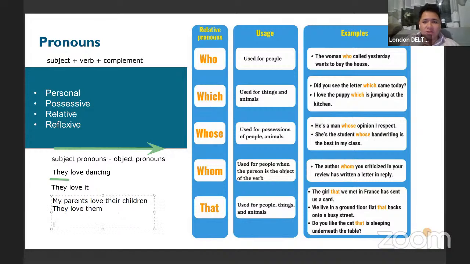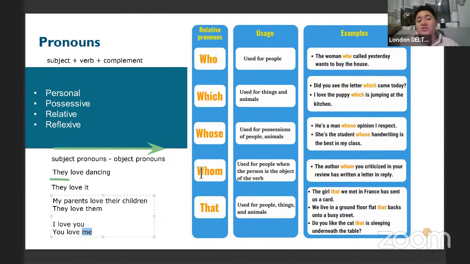I do the action. I love. You are the object. Now, I could say you love me. It's not possible to say you love I, right? You say you love me because me is an object pronoun.